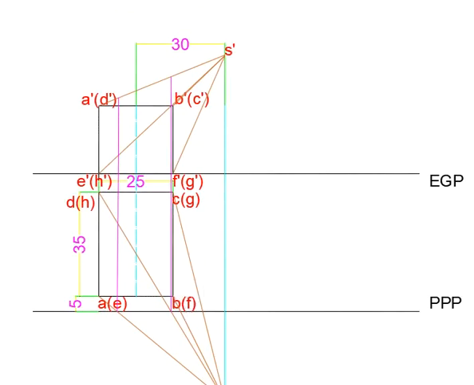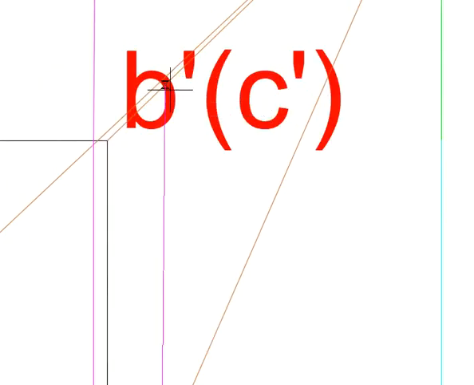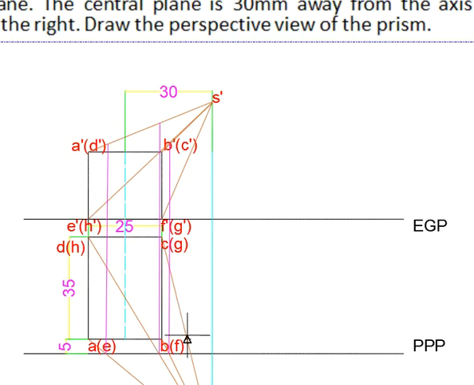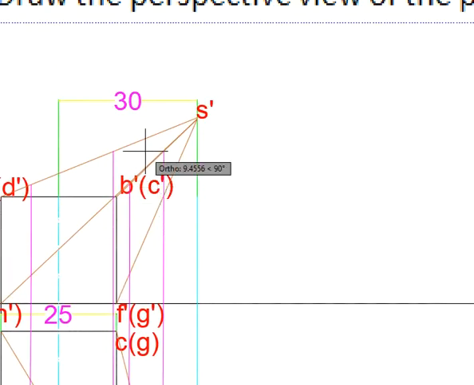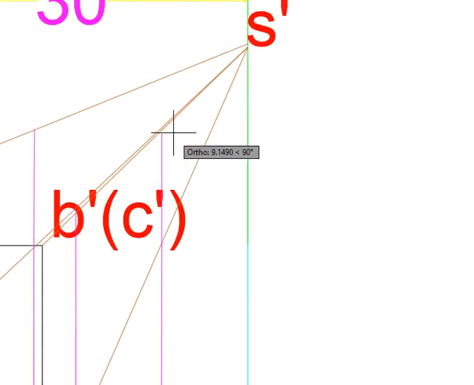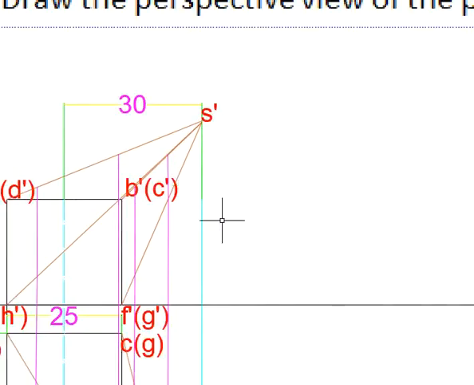Similarly, you can mark all other points: f and b, g and c, like this.